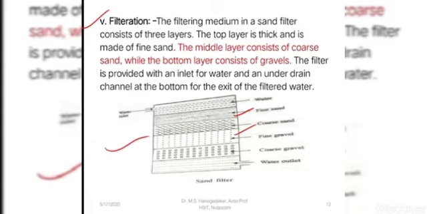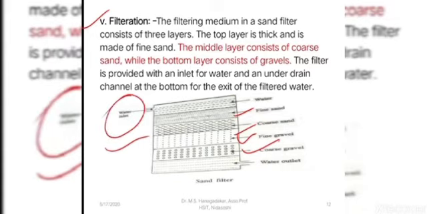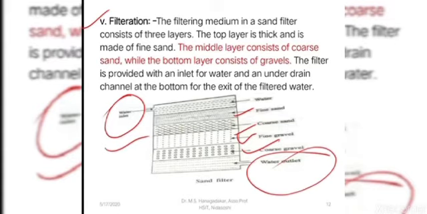At the bottom of the tank, it has the coarse gravel bed as well as the fine gravel bed. These beds give support for the sand beds in this filter tank. Water is allowed to flow from the top of the tank and is released from the bottom. Whatever wastewater is obtained from the filtration process is then treated in the next step for the removal of other types of impurities.